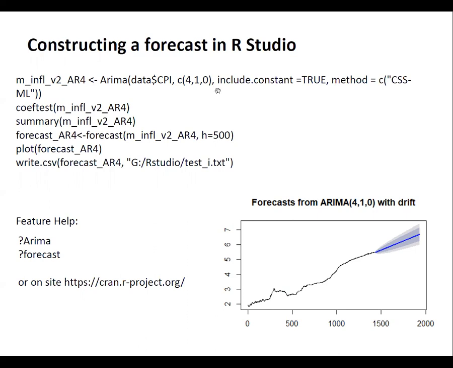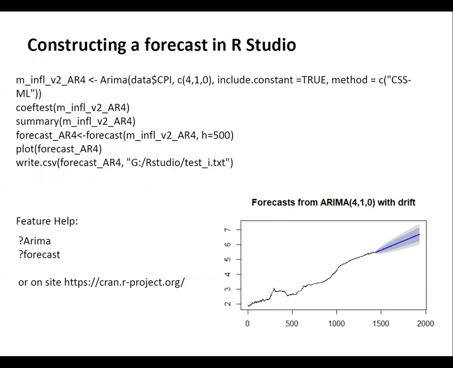So we show that we need to model on the first differences. And the moving average order is 0. So include constant is true. There are different things in the ARMA model: include constant, include mean, include drift. You have to read the manual carefully.